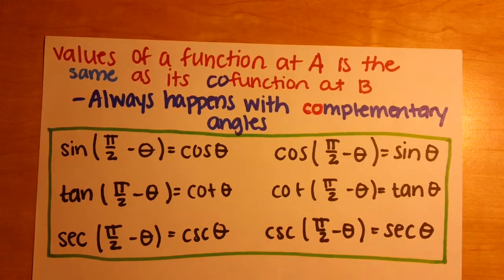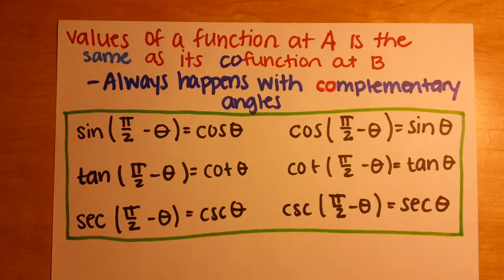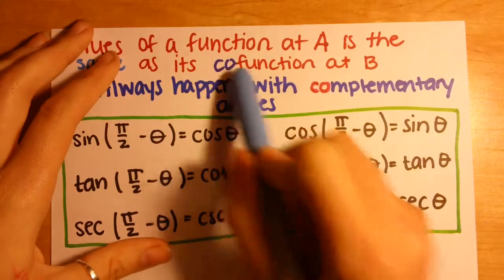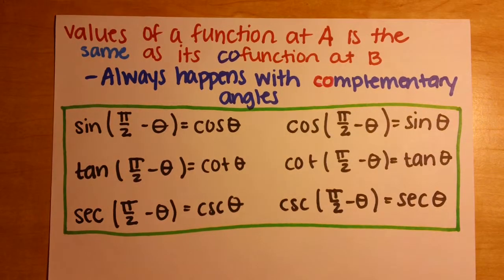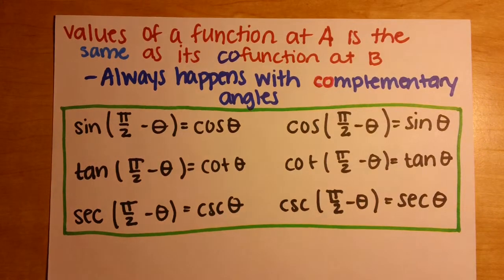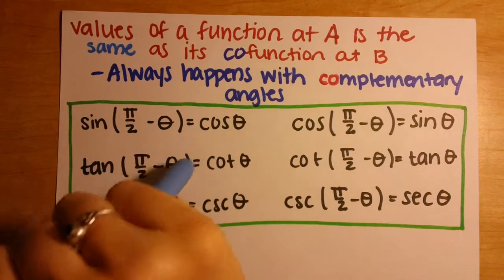Going on with that, we have that the value of a function at A is the same as its cofunction at B. This always happens with complementary angles. Notice you have the co is the same. It's important to note that these are different than your reciprocal identities. Okay, so in this case, sine is going with cosine.